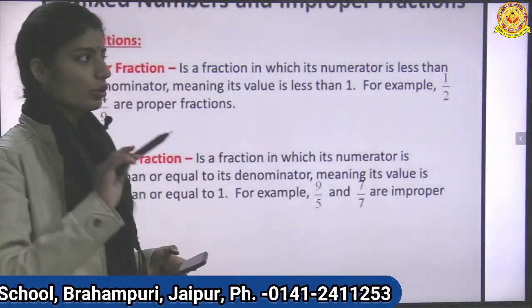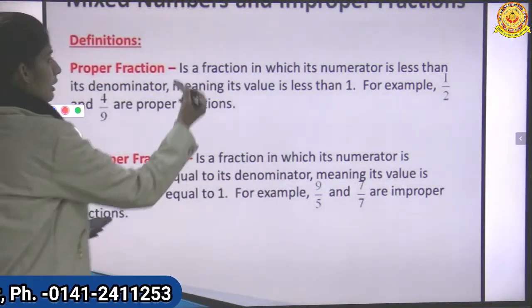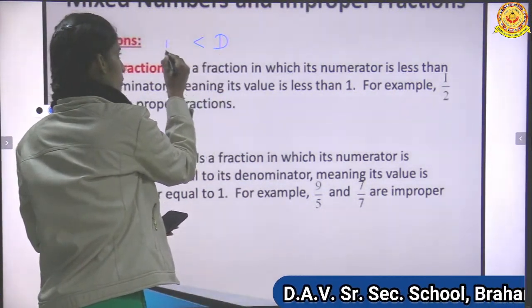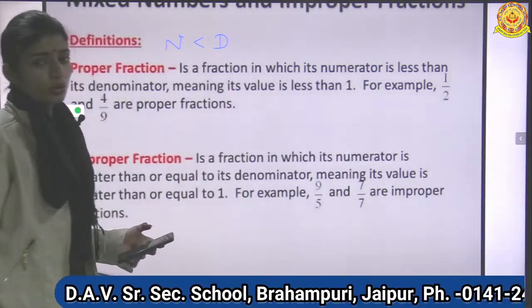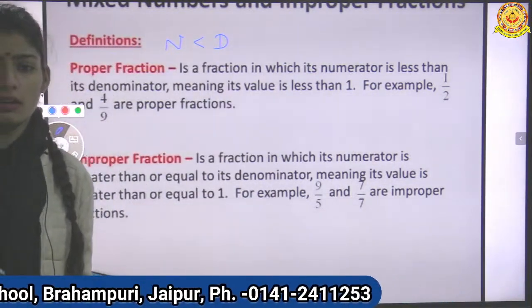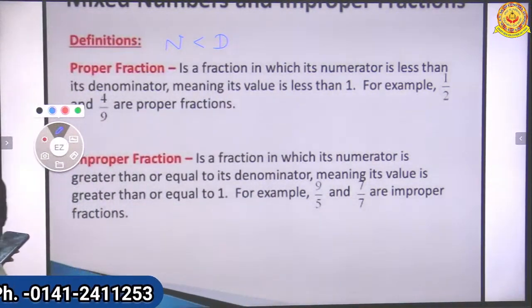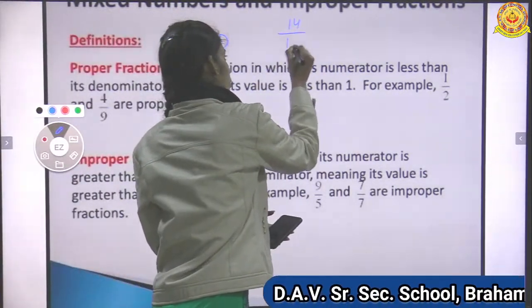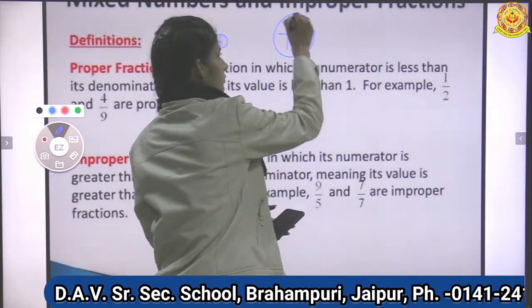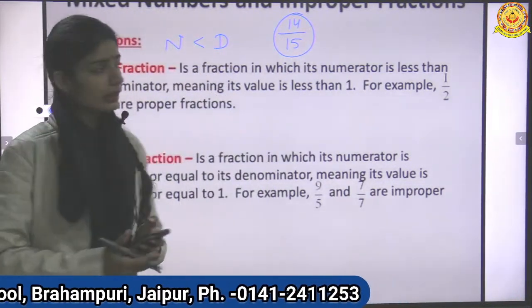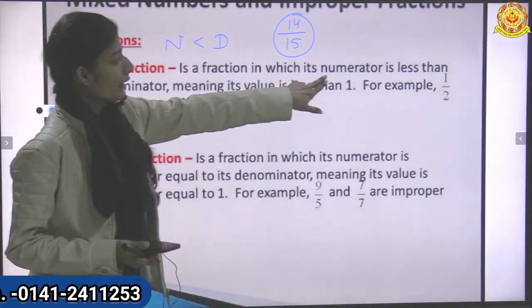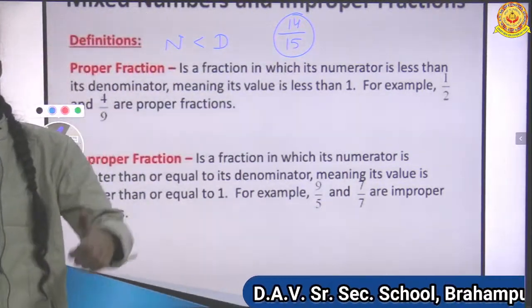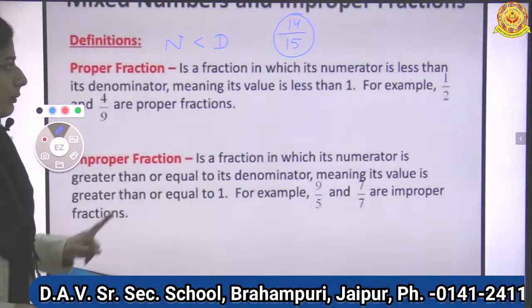Numerator is less than denominator means that the denominator will always be greater than numerator. As I have given you an example, suppose I have taken a test and you have scored 14 out of 15. In this we can see that numerator is less than denominator, means denominator is greater. 14 upon 15 means the denominator is greater.